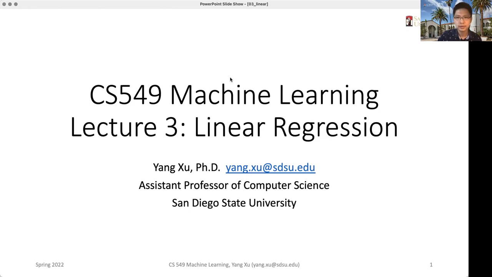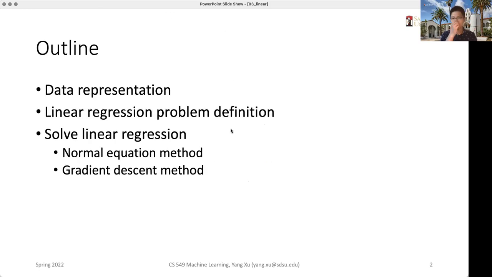Let's look at the next slide. As a preparation part, we will first look briefly at how we represent data, as the very first step of a typical machine learning project or machine learning pipeline.